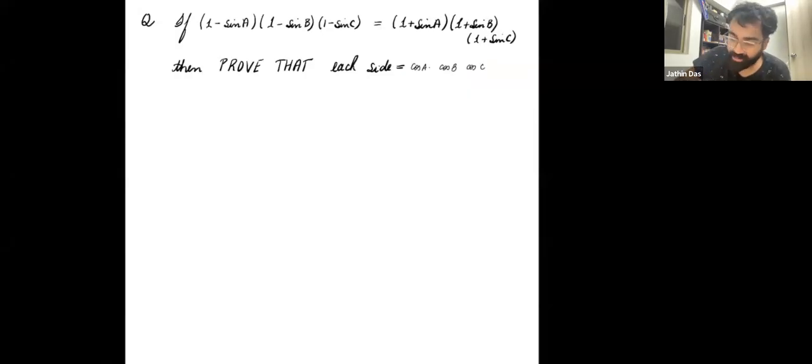So the left hand side is equal to this, and I'm just taking it as x. And I have to prove that x is equal to cos A, cos B, cos C. Just tell me the process.